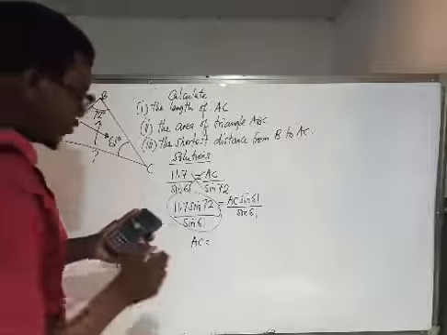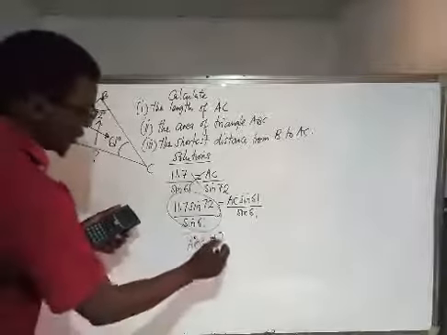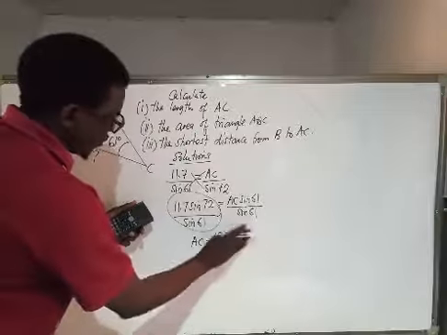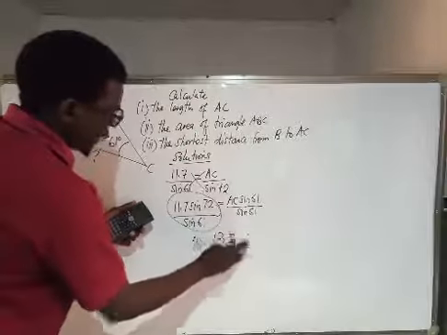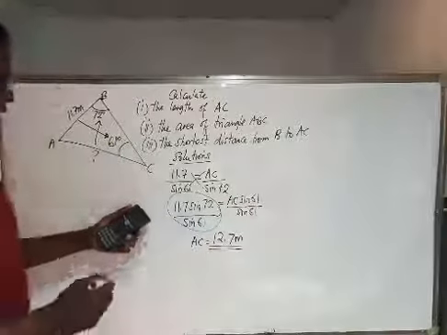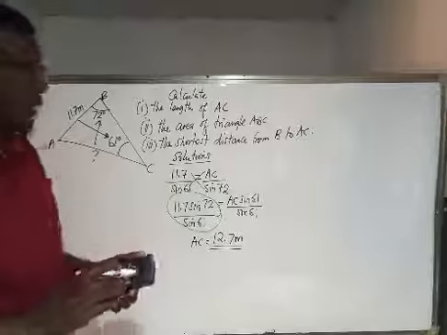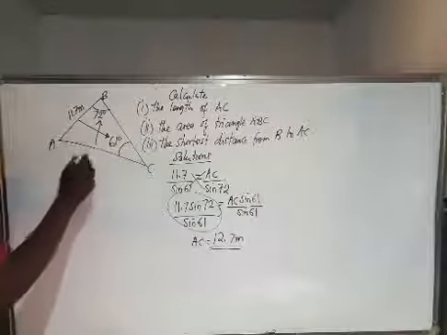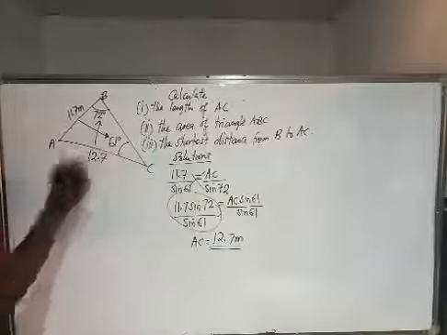This will give me 12.722. So I can round it off correct to 1 decimal place, which is 12.7. Now once you have found this one, we now know that this side here is 12.7.